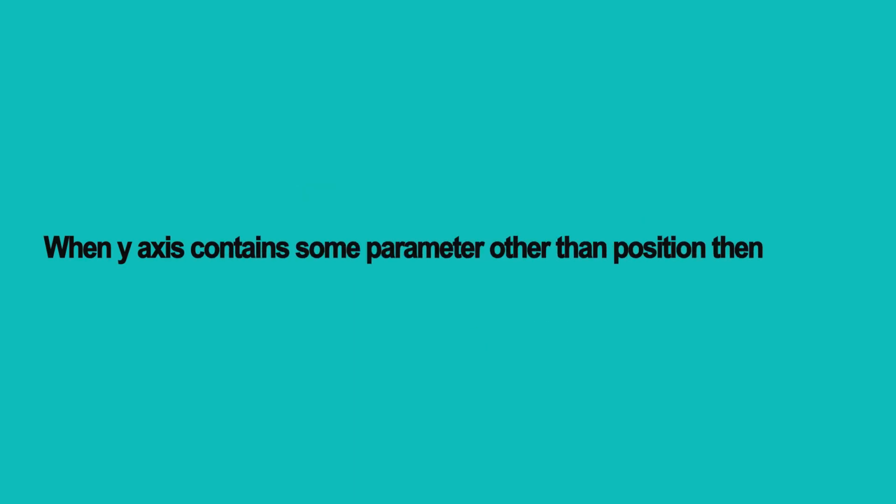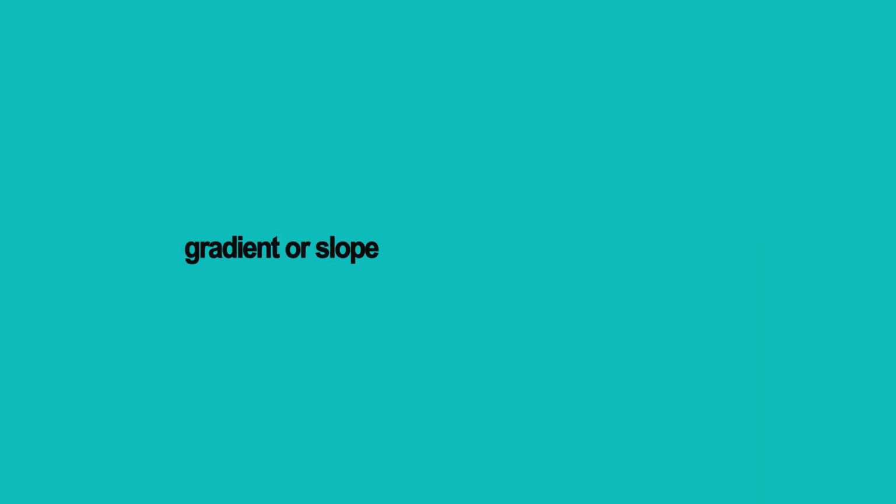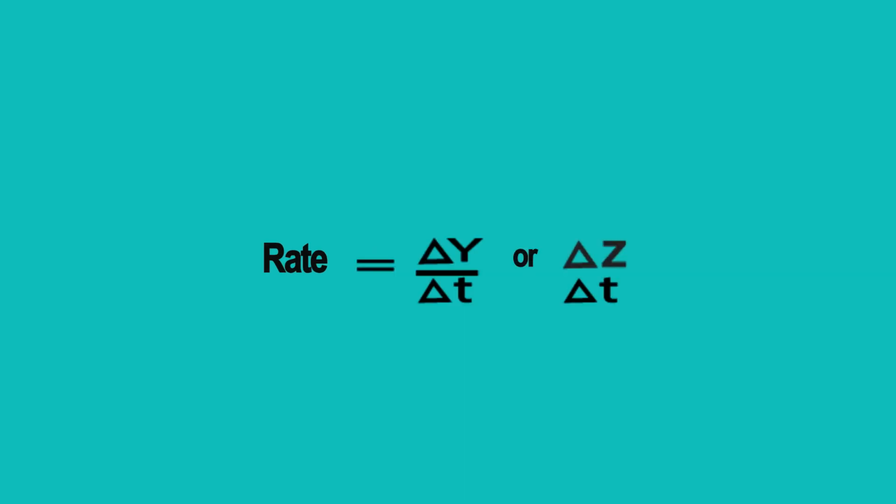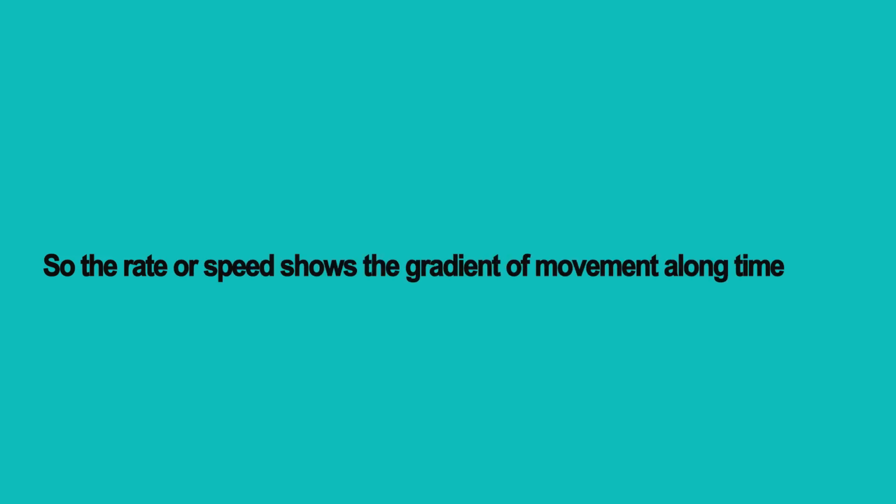When the y-axis contains some parameter other than position, then the gradient or slope of the plot will be called rate, delta y over delta t or delta z over delta t, where y or z is not equal to distance. So the rate or speed shows the gradient of movement along the time coordinate.